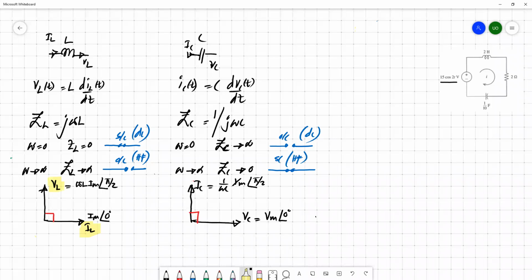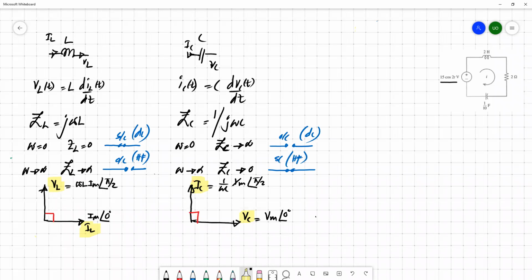For the inductor, always V is leading the current. But for the capacitor, I is always leading the voltage. So this is the simple difference. So this is the summary for inductors and capacitors.